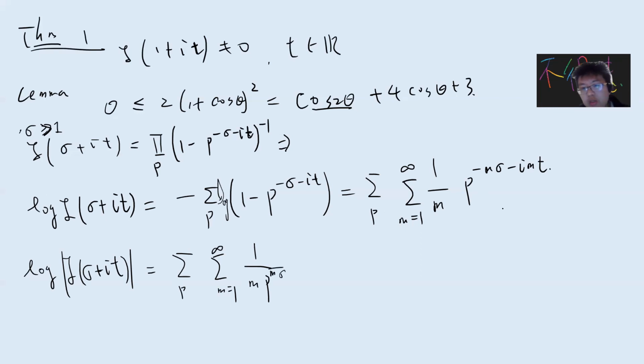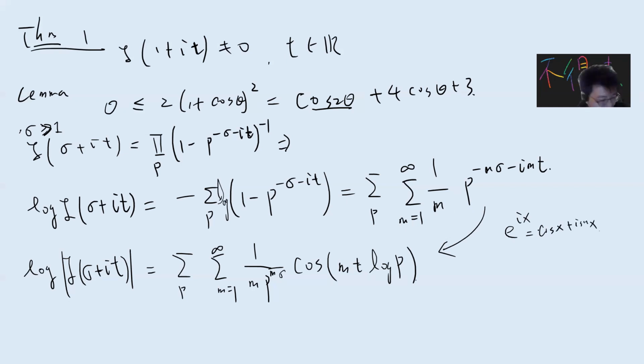If I take the absolute value of this, it's the summation over p, and m from 1 to infinity, 1 over m, p to the m sigma. Then I get a cosine term, so I get cosine of mt log p. Hopefully this is simple. We just use exponential ix equals cosine x plus i sine x.